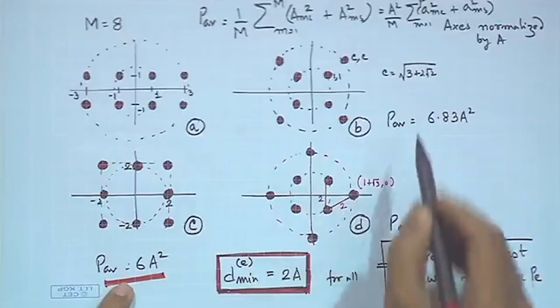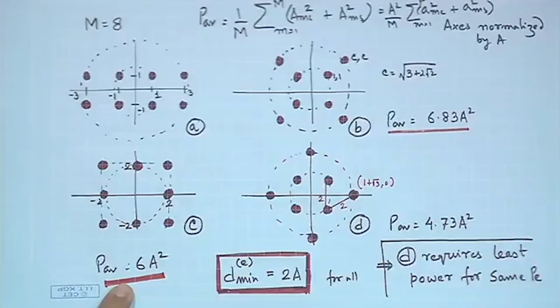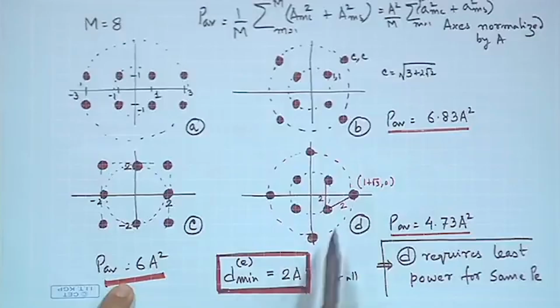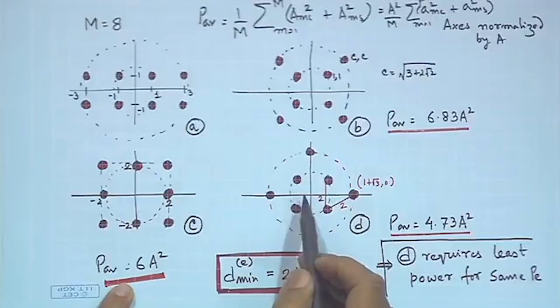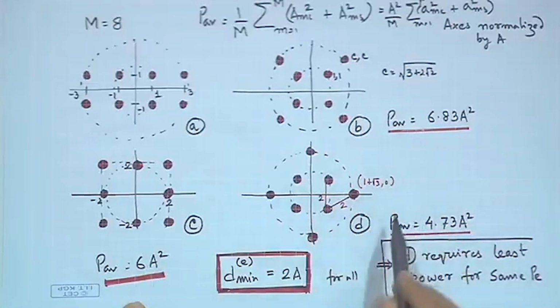These constellations have an average power requirement as given by this, and this constellation has an average power requirement given by this expression. So, what we find is that although all of them will enjoy the same probability of error, that is arrived at by spending different amounts of power.